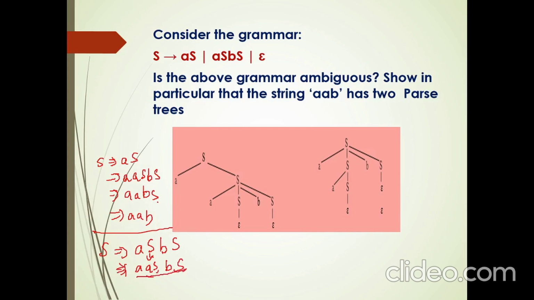This step gave me all the characters which I wanted. The string which I wanted is AAB. Now only the remaining S's need to vanish, which you can show in the remaining steps, and finally you obtain AAB. That is what is done here. So we can obtain two parse trees, or two LMDs. That's why this grammar is ambiguous.